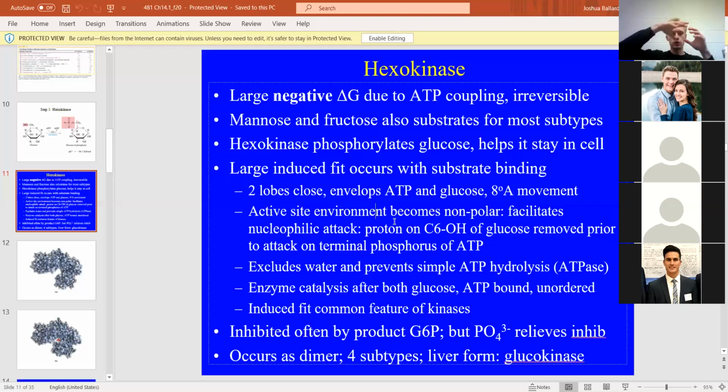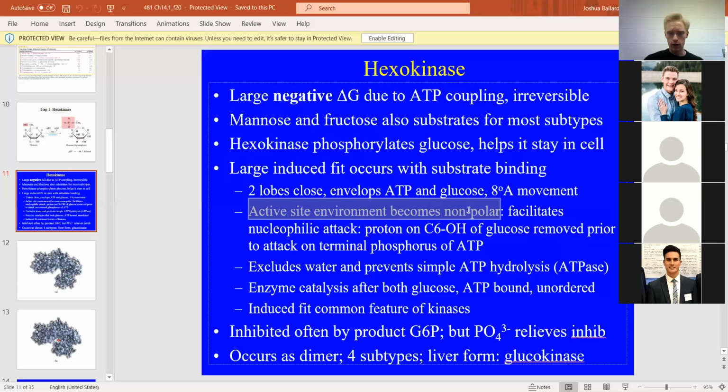You can imagine this large enzyme, this protein, and each of the cofactors weaves its way through, and it has an induced fit within the enzyme. So that's what it's referring to with induced fit. And the majority of enzyme substrate reactions occur that way, kind of like how oxygen moves through hemoglobin. So the 2 lobes closed envelops ATP and glucose, and there is an 8 angstrom movement. So that's important to know as well.